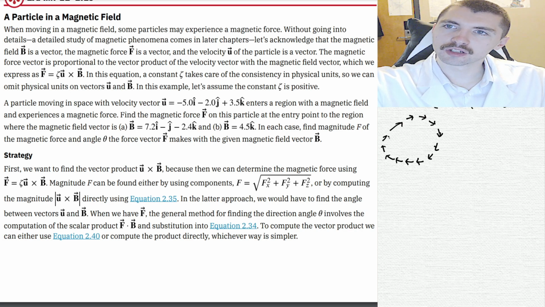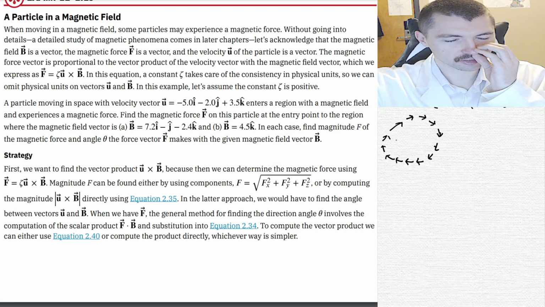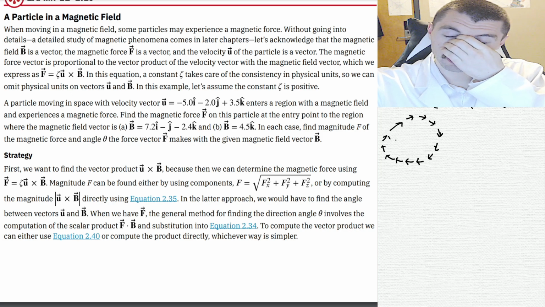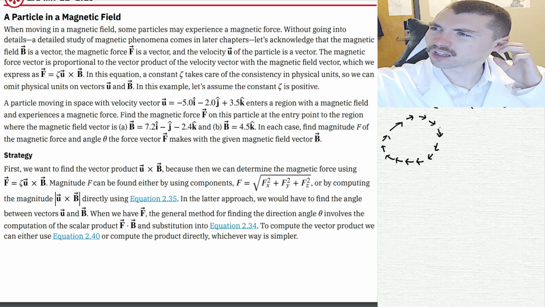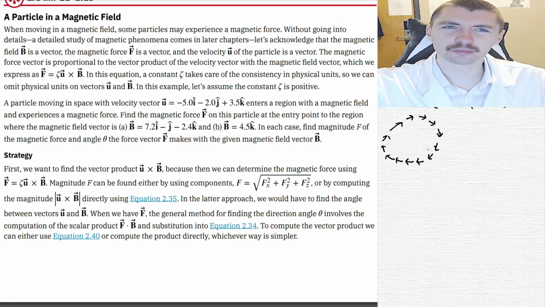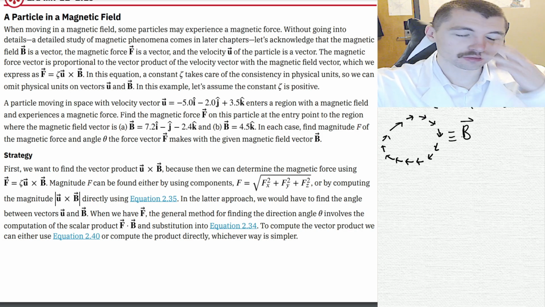Some might describe this as maybe a phase field, but I'm not 100% sure on that. But let's say this is our magnetic field. So we're going to say this is vector B.